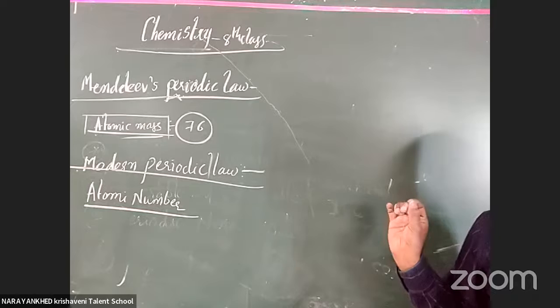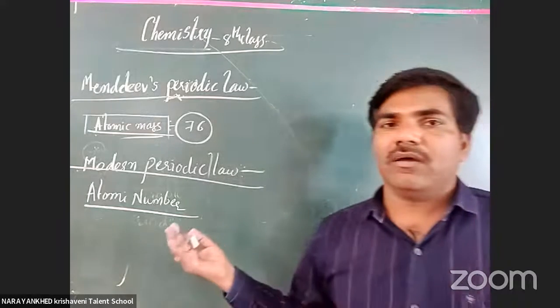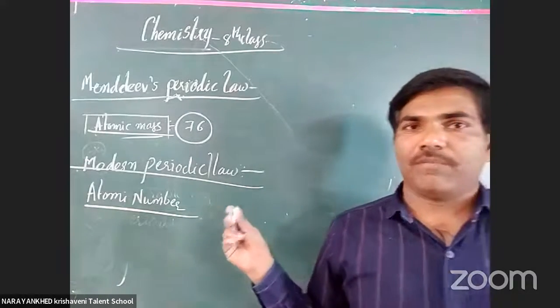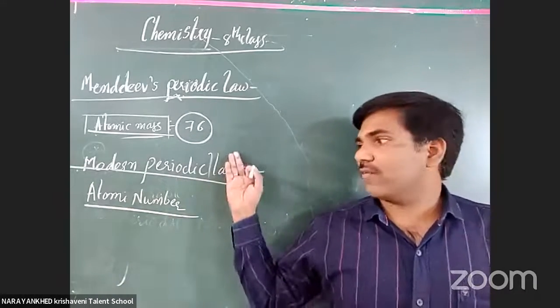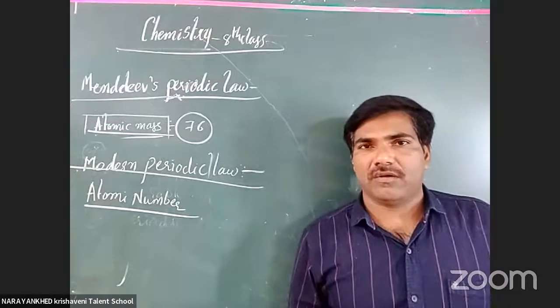There is uncertainty about the places of new elements. Clear or not? If new elements are discovered, they are not properly arranged in the Mendeleev periodic table.